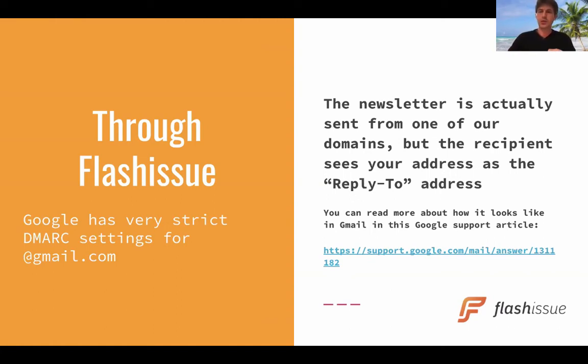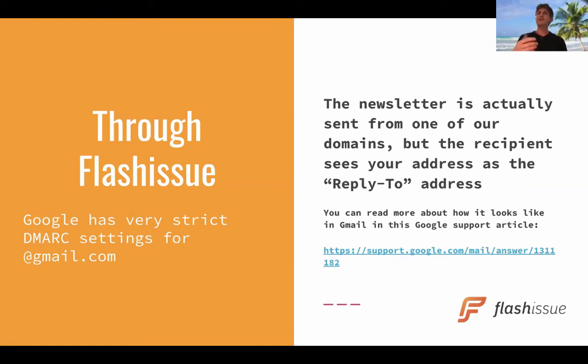We actually send it from one of our domains, not from your domain, not from gmail.com. But if someone hits reply to your message, they still go straight to your gmail.com address. It's not something we invented. It's a trick, well, not a trick. It's a workaround used by all email services.